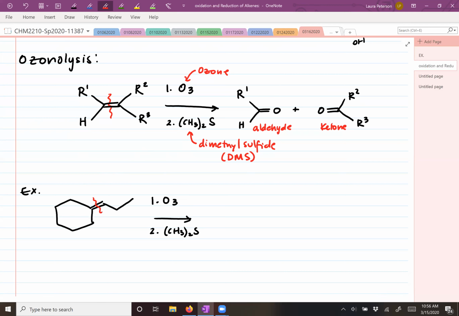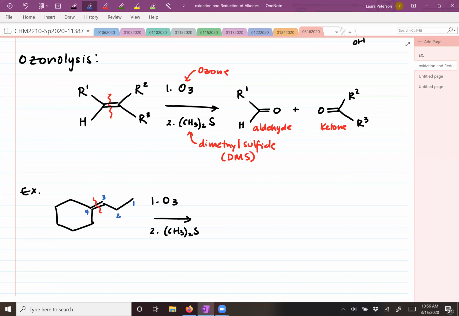Okay, so let's go ahead and count this carbon chain, just so that I can talk about these carbon atoms. Carbon 3 has 1 carbon-based substituent and 1 hydrogen, whereas carbon 4, the other side of the double bond, has 2 carbons attached. So what functional groups do you think are going to be formed when we cleave that carbon 3,4 double bond?